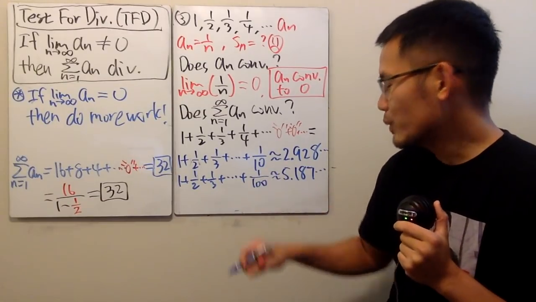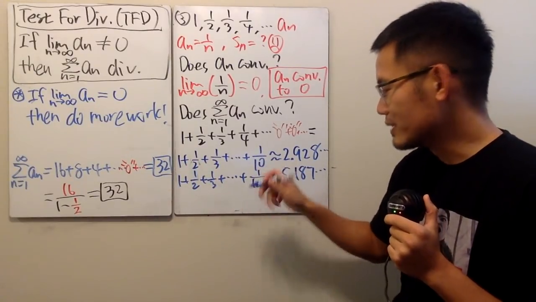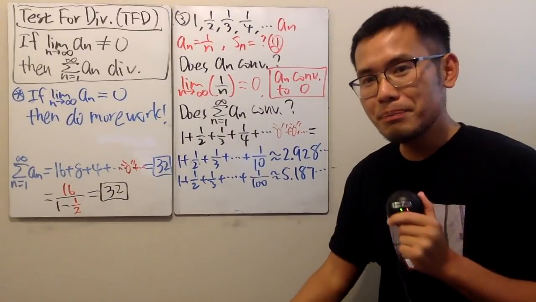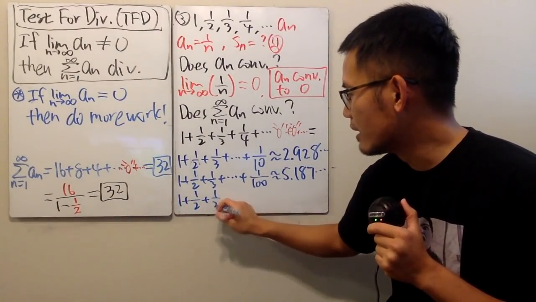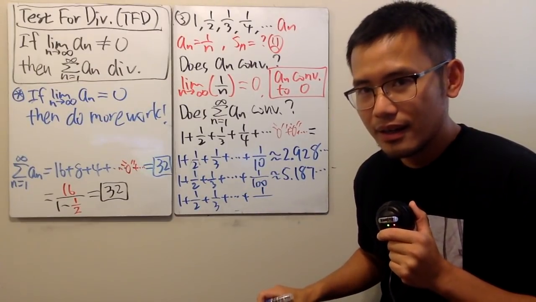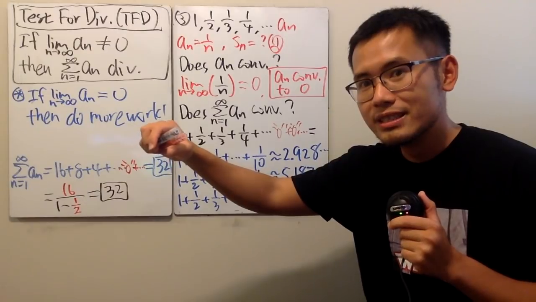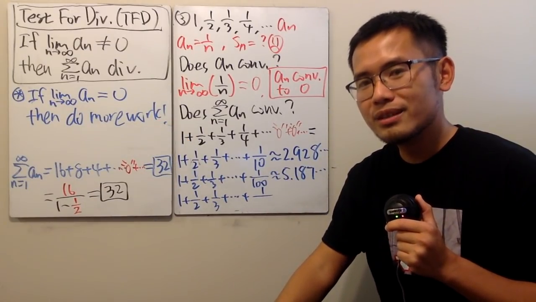Alright, next one we can do from 1, 2, 3, and so on up to 1 over 1000. But that's too small, of course. Let's do 1 plus 1 half plus 1 third plus dot dot dot plus 1 over, how about 1 with 10 zeros? What's that? 10 billion, something like that.